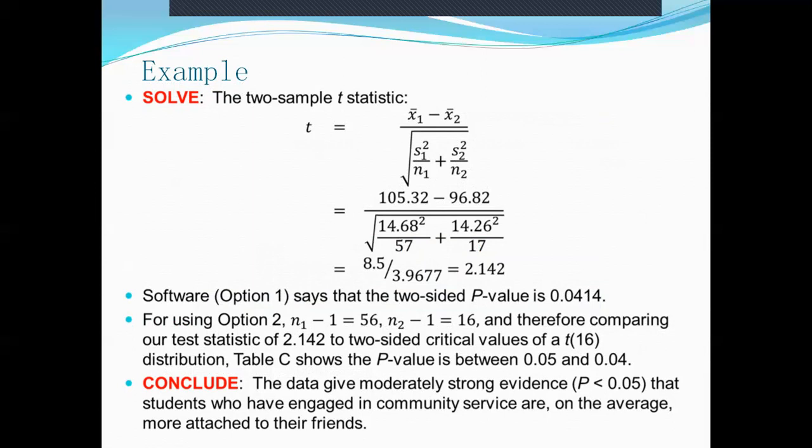Therefore, comparing our test statistic of 2.142 to two-sided critical values of a t distribution with 16 degrees of freedom, Table C shows the p-value is between 0.05 and 0.04. Conclude: the data give moderately strong evidence, p less than 0.05, that students who have engaged in community service are, on average, more attached to their friends.